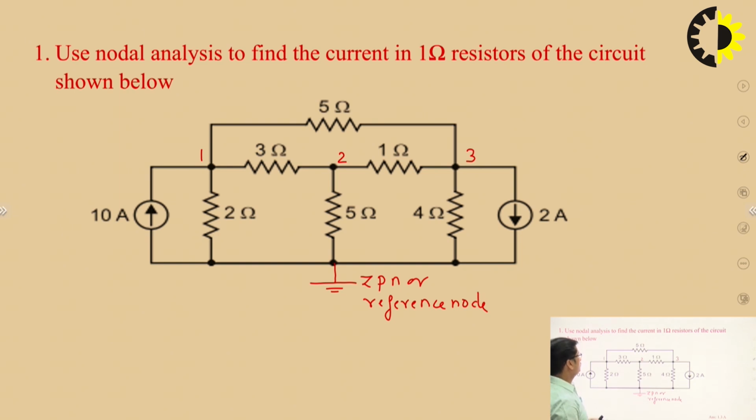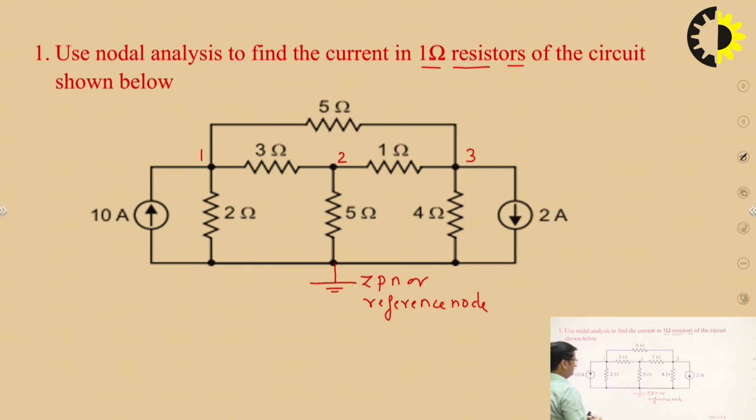Now our aim is to find the current in the 1 ohm resistor. We have to find the current in this using the nodal analysis method. In this technique, we have to assume the current in different branches.